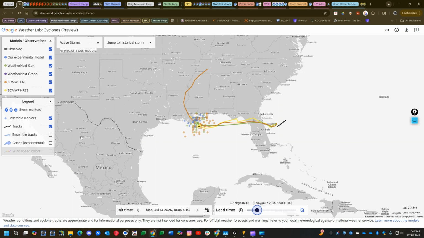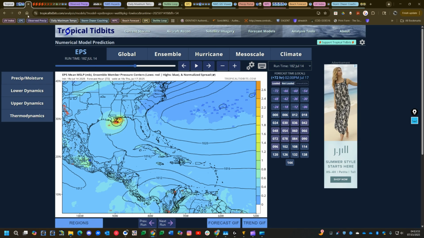That being said, I'd just like to go through the ensembles, which we talked about yesterday. This is the European ensemble members, and for the 17th, you see quite a lot of agreement on something developing and moving in around the New Orleans area.